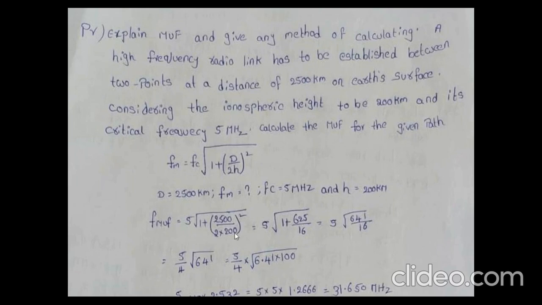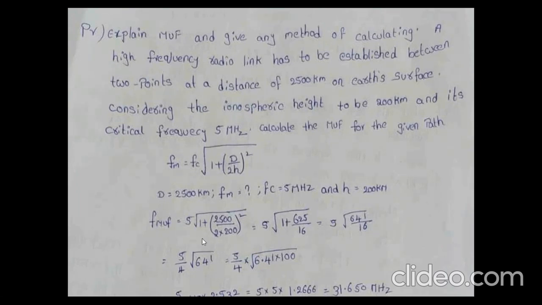Here it is not a problem because 10 power 3 by 10 power 3 will be cancelled out. Fc is 5, and in this formula it is in megahertz. Remember, d and h will be in kilometers only, because propagation problems will mostly be in kilometers.